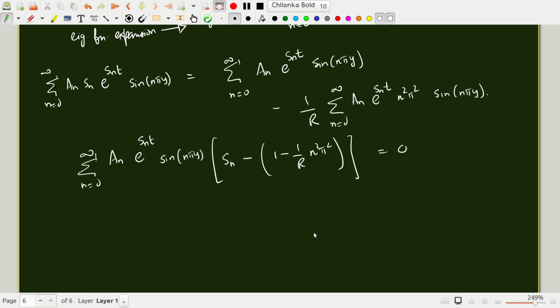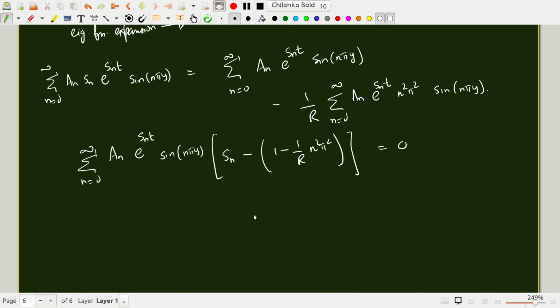Now, because the sines are orthogonal, the summation of all of this is 0. That itself means that if I take the inner product of this expression with, let's say, sin m pi y, then you will get that this term has to be 0.